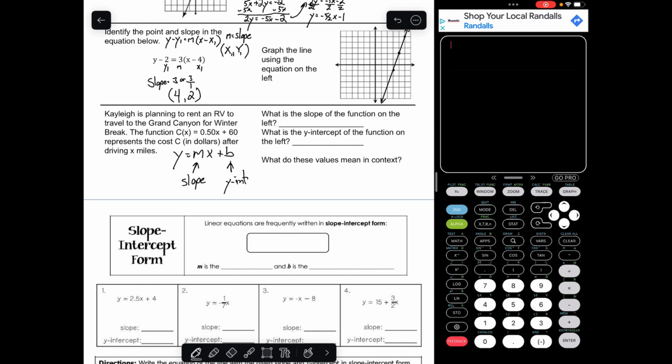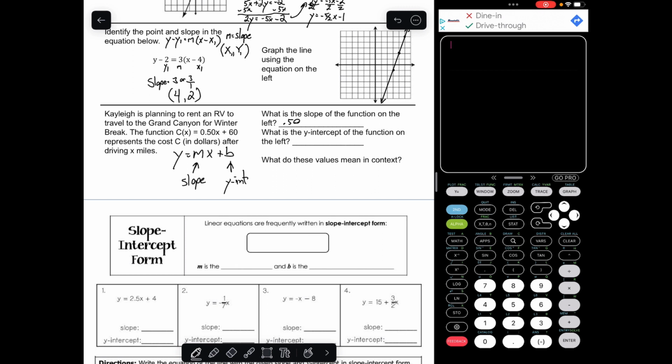And if that's the case, when I look at the equation that's given to us right here, I can start to pull out some of this information. If the number that's in front of the x is my slope, and in my equation it says 0.50x, then my slope is going to be 0.50.